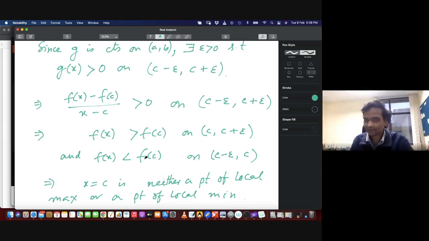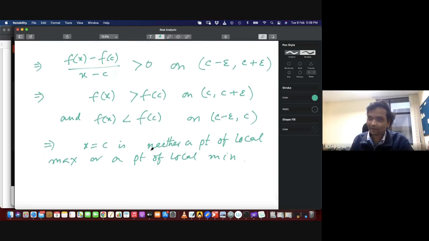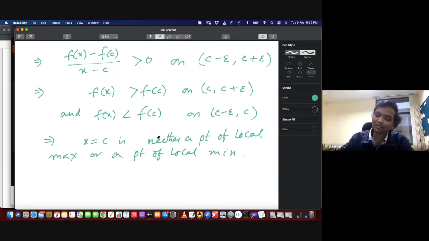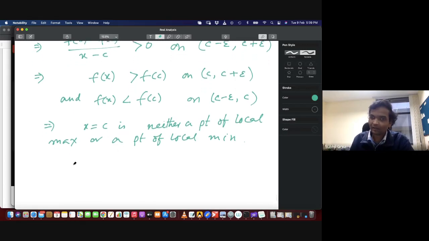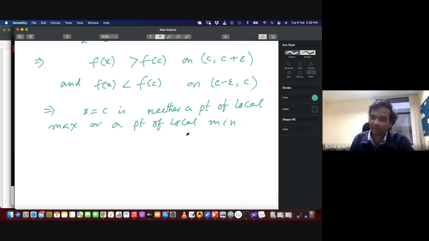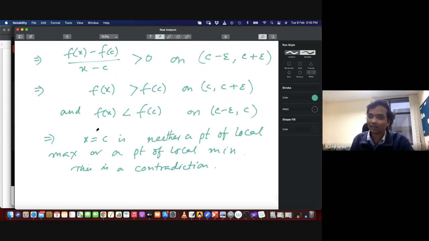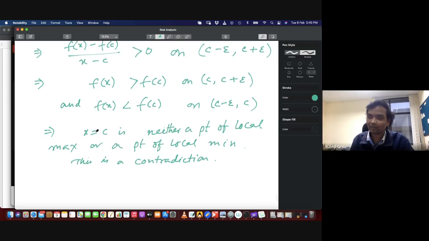All right. So this gives a contradiction in this case. Right, so this is a contradiction, because we assumed that x equal to c is a point of local max or local min.